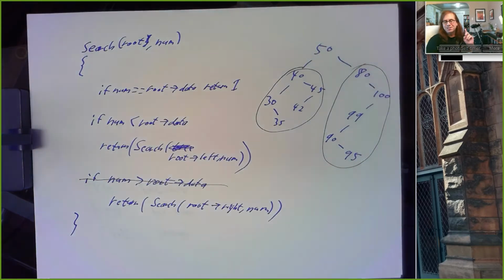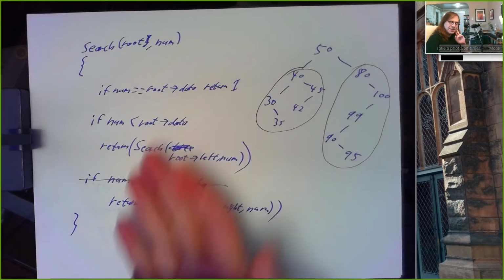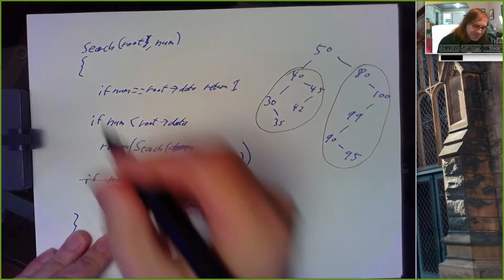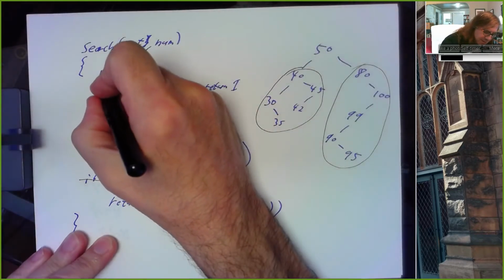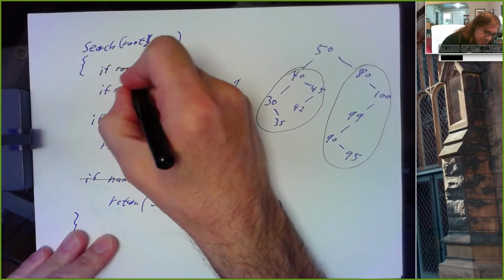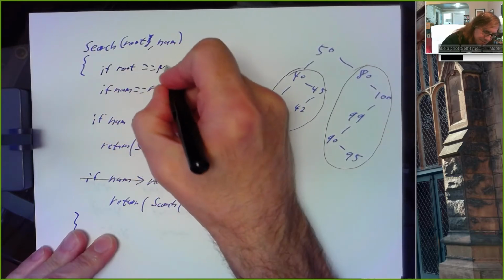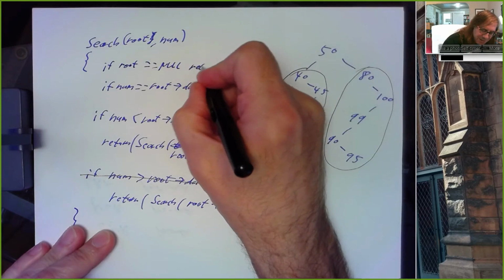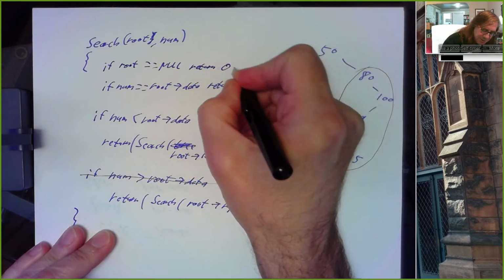But if root is null, this will segfault. And there's nothing in here that ever returns a 0, so we're clearly missing something, and it's the same thing that we're missing as the null case. So if root equals null, there's nothing in our tree. Obviously our number is not found in our tree, so return 0.